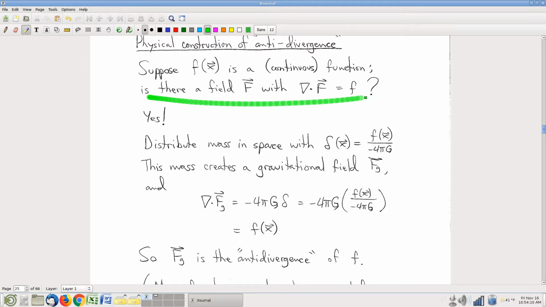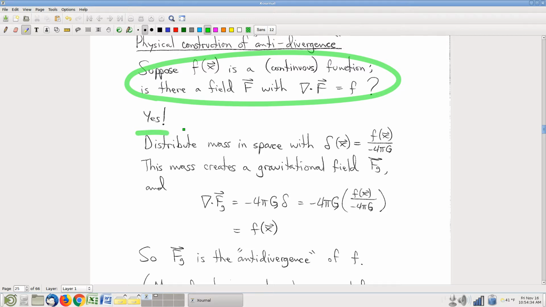Can you find an anti-divergence? And how do you know you can find an anti-divergence? What's the plausibility argument that could be made to suggest that you should be able to find an anti-divergence? Right? A vector field whose divergence is whatever function you're interested in.